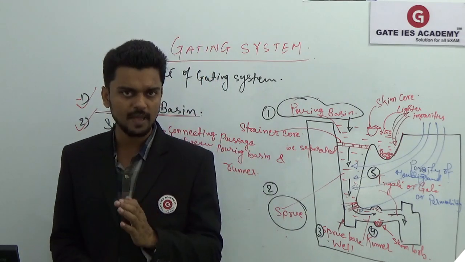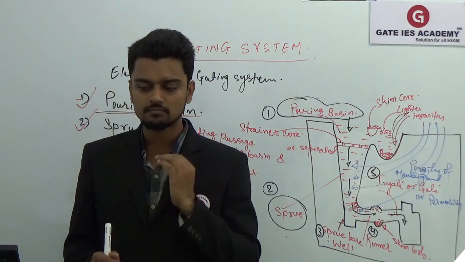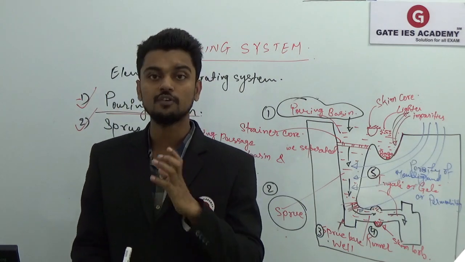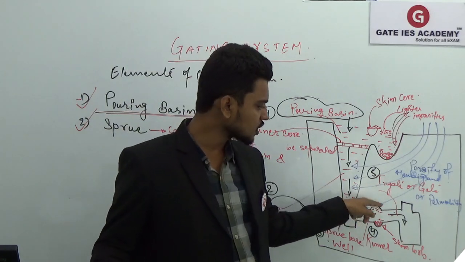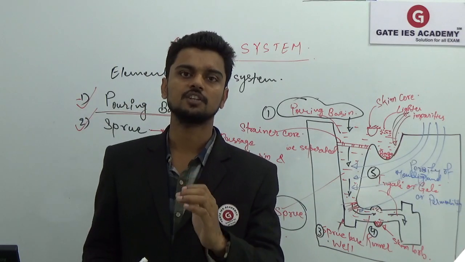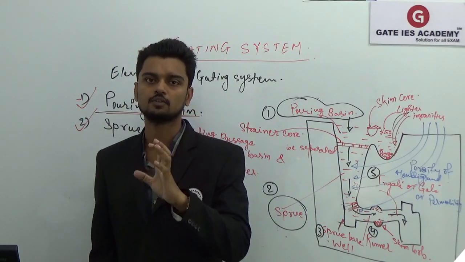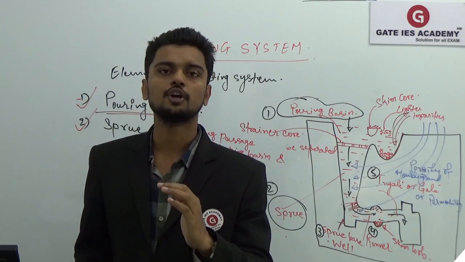So runner is a connecting passage between your sprue and ingate. The next point is that it is horizontal with a uniform trapezoidal cross section.